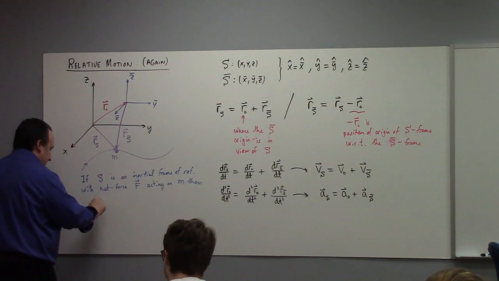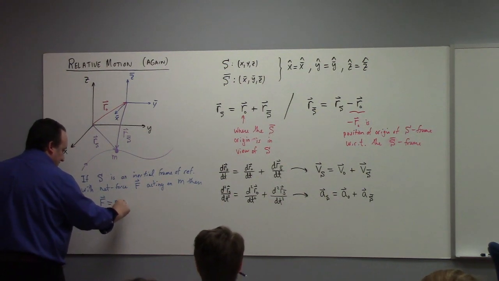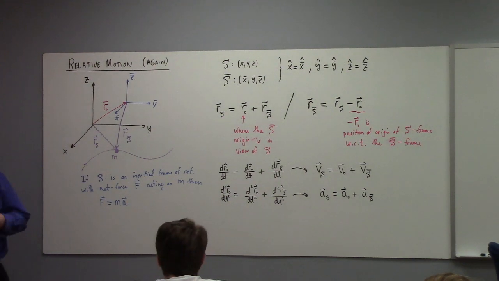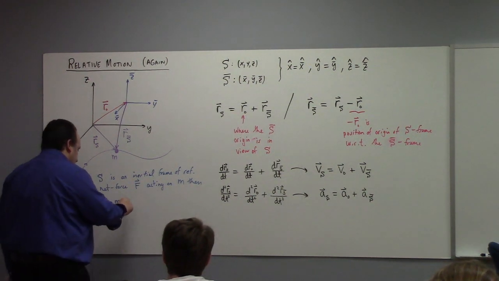Newton's second law says that F is equal to mass times acceleration. But here there's a question of which acceleration I'm talking about. I'm talking about the acceleration in the fixed inertial frame of reference, which I'm telling you is the S frame. So A sub S.